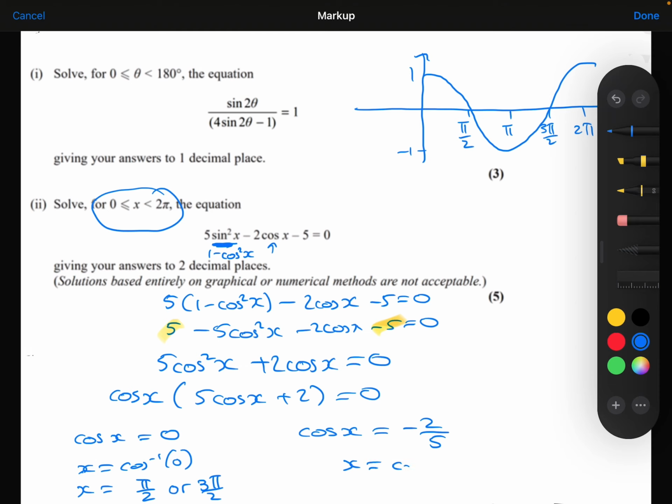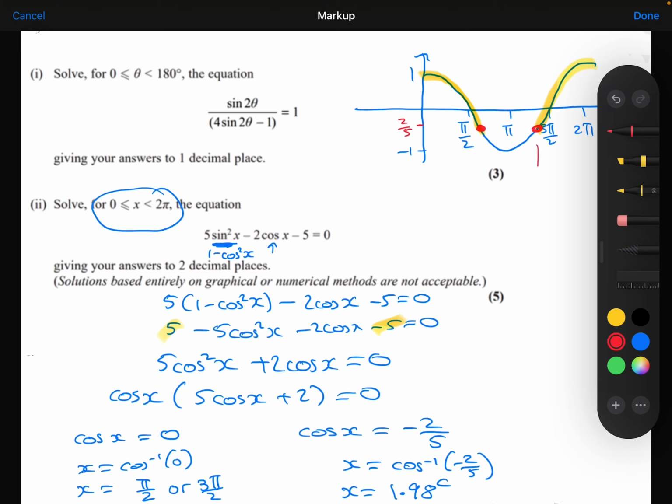From the second bracket, if I do cos inverse of minus 2/5, then I get 1.98 radians as my first solution. The minus 2/5 is roughly here. So my 1.98 is about here. I'd have another solution here. Like I say, this is 1.98. So this will be 1.98.